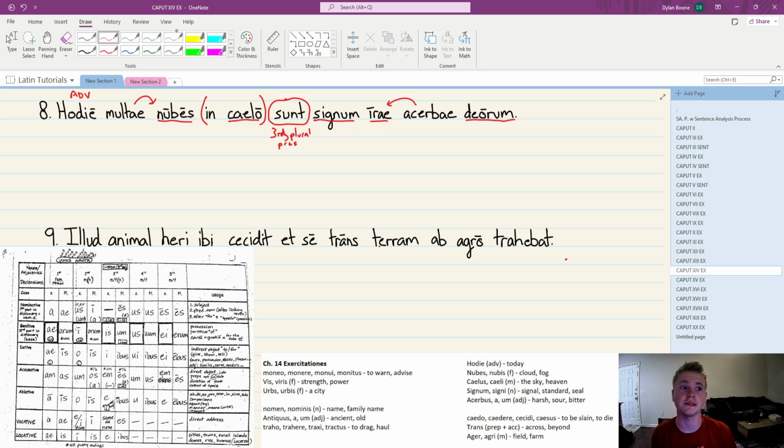So there are 3 options we have. We have nubes, nominative singular, as it's written. We have nubes, nominative plural, from the third declension ending. And we have nubes, accusative plural, from the third declension ending. So 3 options here. We know that our subject is plural, right? We can be clued in that nubes is going to be our subject due to its position.